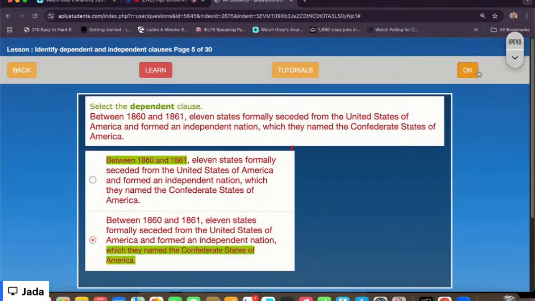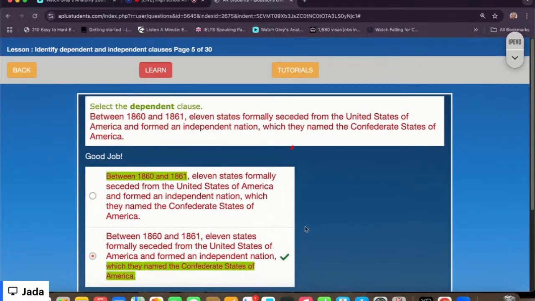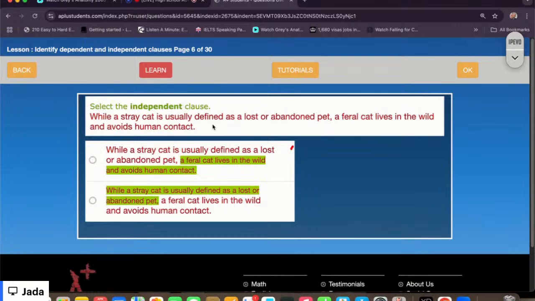So we have the second, which. Okay. While a stray cat is usually defined as a lost or abandoned pet, a feral cat lives in the wild and avoids human contact. Independent clause.